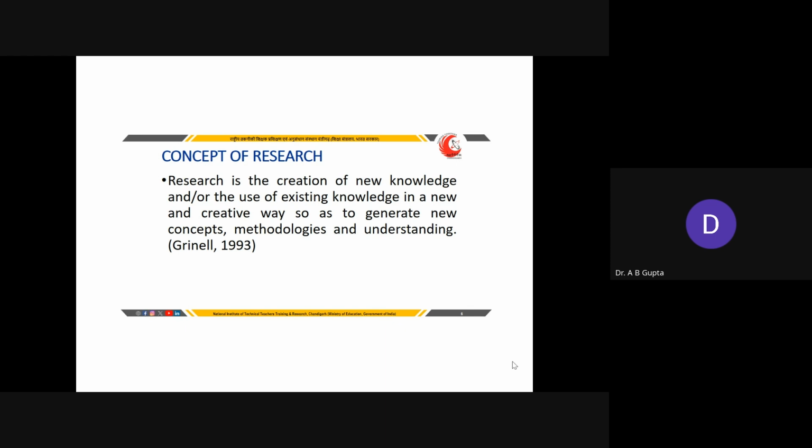So what Grinnell is saying is that research deals with creation of new knowledge, and using existing knowledge to generate new concepts, new methodologies, or better understanding. So according to Grinnell, creation of new knowledge or use of existing knowledge to generate something new, that is research.